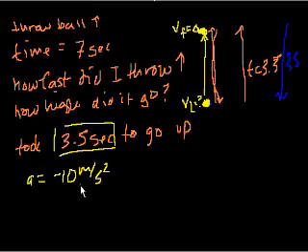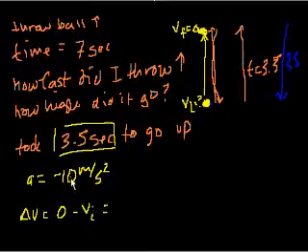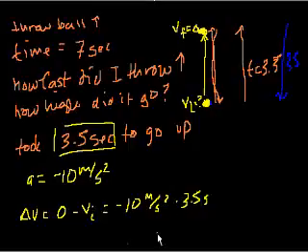So let's say that. The change in velocity is equal to the final velocity minus the initial velocity, and that equals acceleration times time. So minus 10 meters per second squared, I'll stick with the units this time, times time. So it did that in 3.5 seconds. Times 3.5 seconds.